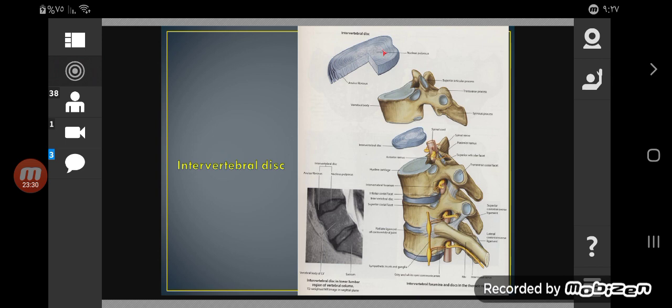You can see it is pretty close to the posterior part of the intervertebral disc. But if you compare the distance between the nucleus pulposus and the anterior part of the intervertebral disc, you can see the larger diameter between the two parts.